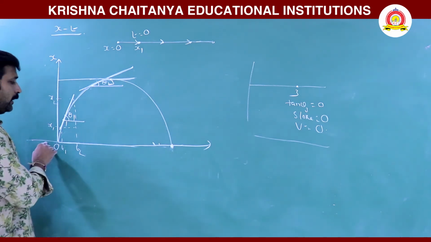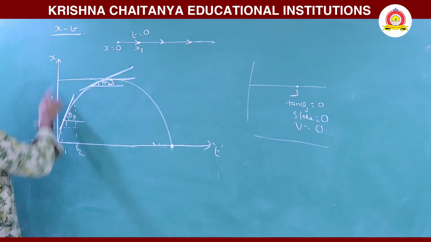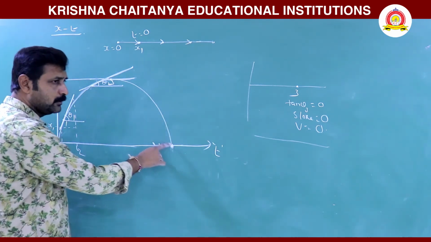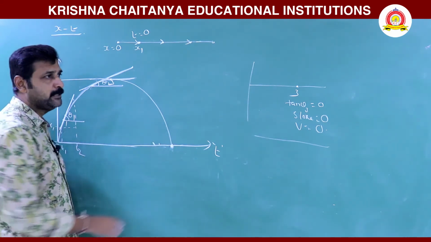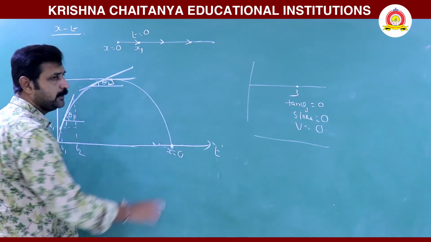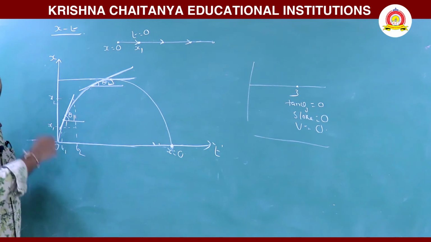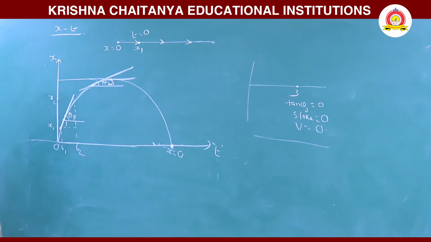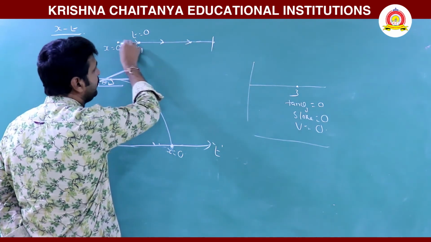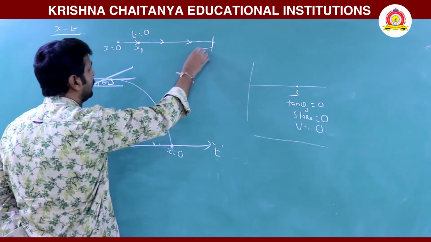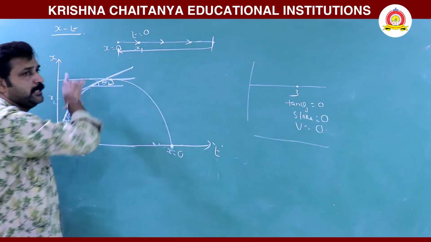Because on the time axis, the y coordinate becomes 0. That means the body started from the origin, and again it comes to the origin. So the body moves in one dimension, turns back and comes here, on a horizontal straight line.